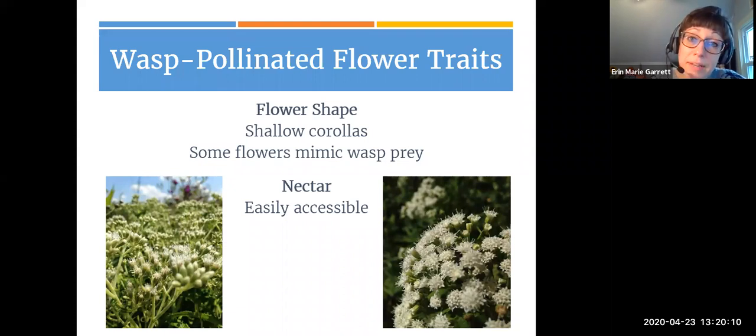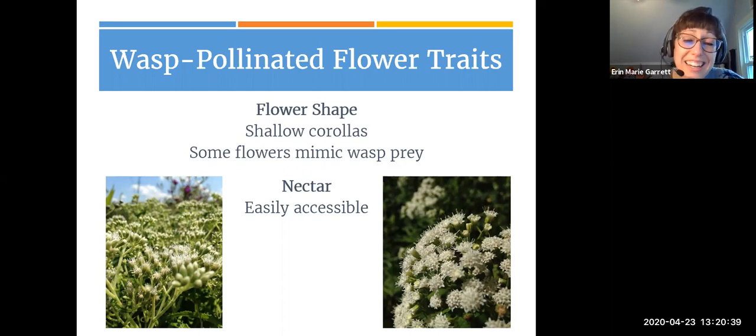So the petals can be arranged to form a tube, or they can be very open and flat, kind of like that geranium we saw earlier on the bee page. Typically they don't have long tongues, they don't have a proboscis like a butterfly, so they can't access really deeply hidden nectar. So flowers like these on this page, this boneset that we can see on the left, where there's numerous small shallow corollas all arranged together.